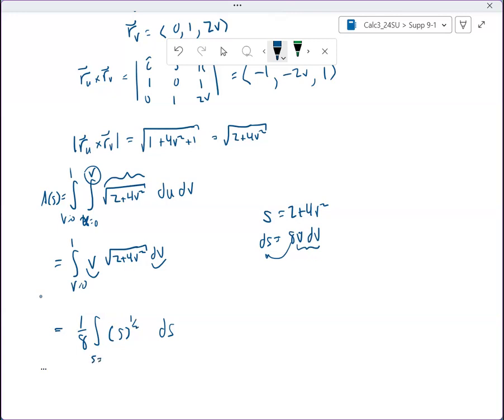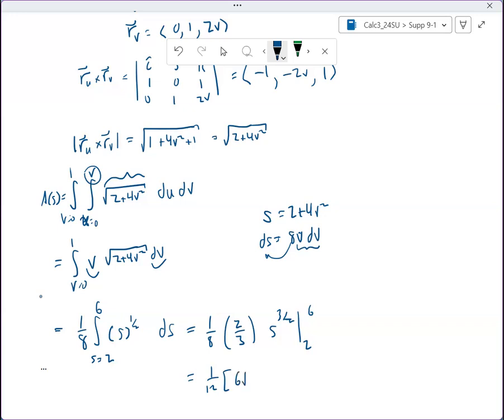And then I'll change my bounds. When v is 0, s is 2. When v is 1, s is 6. So this is 1/8. I get s to the 3/2 over 3/2, or times 2/3, from 2 to 6. Or this is what? 1/12. Something to the 3/2 is that thing times the square root of that thing.